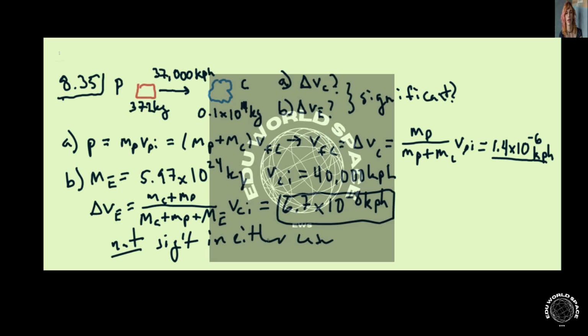Now, of course, the actual effects of a comet this size impacting the Earth would probably be quite catastrophic, because it's not the change in the Earth's speed that causes the problems. It's the amount of energy that gets deposited into the surface of the Earth all at once.